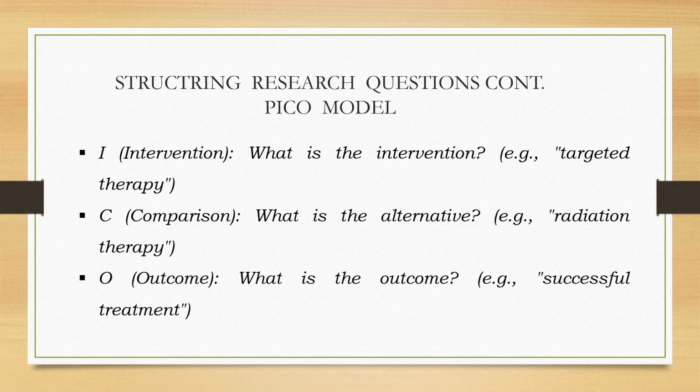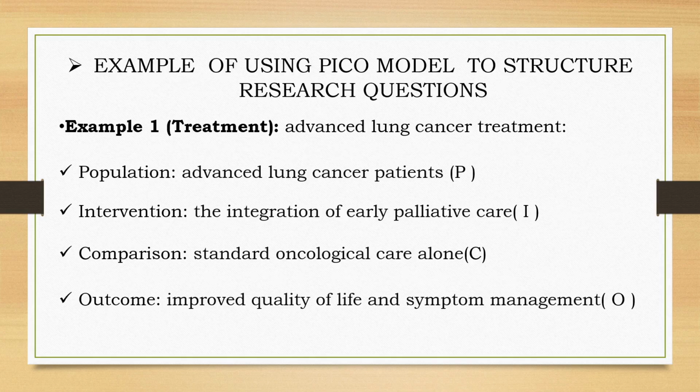In the case of lung cancer, the intervention could be targeted therapy. Comparison. What is the alternative to the intervention? In this case, it could be radiation therapy. Outcome. What is the outcome of this study? The outcome is successful treatment.